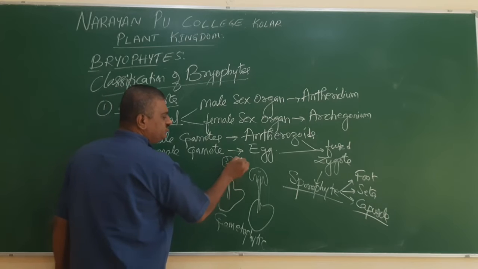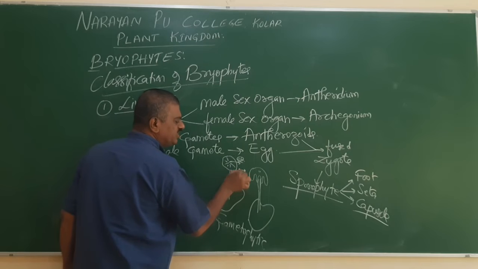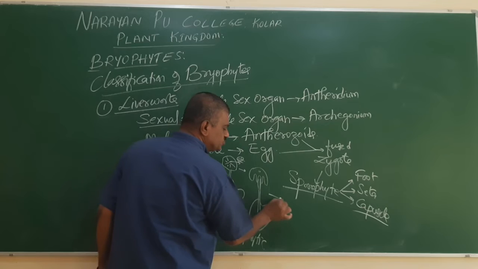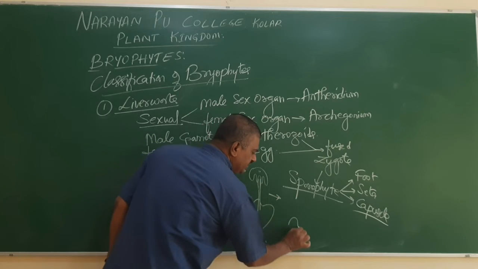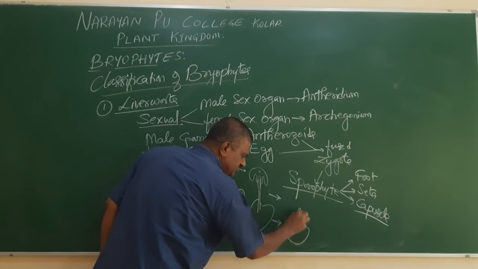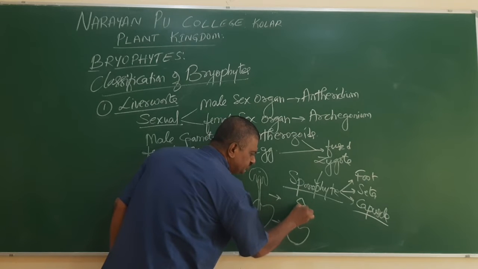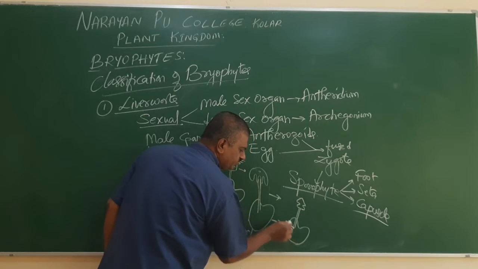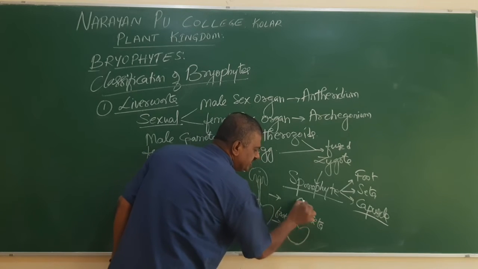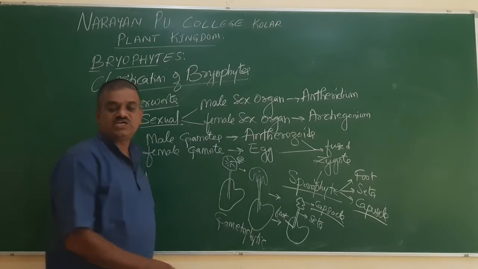From the male plant, antherozoids are produced and released. They move towards the female plant, swim in the water, reach the egg and fuse. Once it converts into the zygote, the female plant produces foot, seta and capsule.